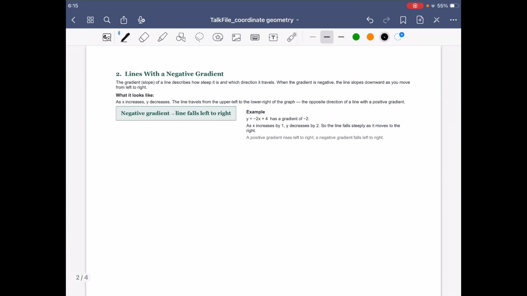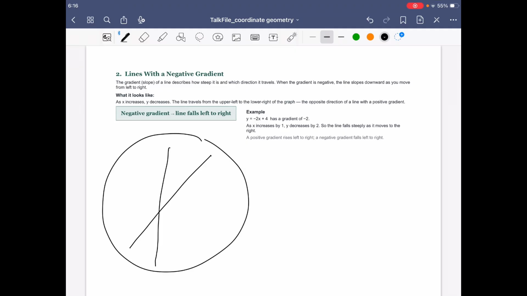The next concept is not really new, but somehow I haven't covered when the gradient is negative, when the slope is negative. When you see line graphs, we've seen so many graphs like this. These are graphs that have a positive gradient, positive slope.